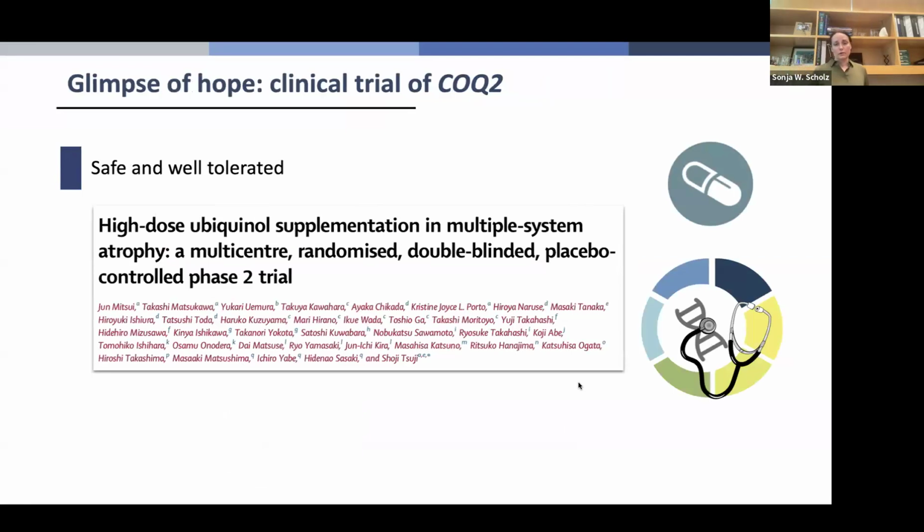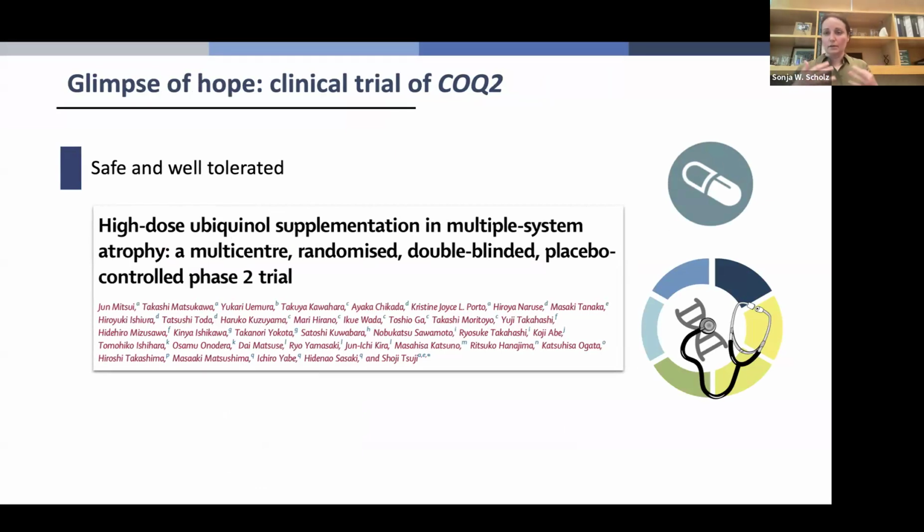There's already been a clinical trial that has leveraged this type of knowledge and basically has given a prodrug of CoQ2 as a supplement. And it was well tolerated, it was safe. There's even some evidence that it may have been beneficial.